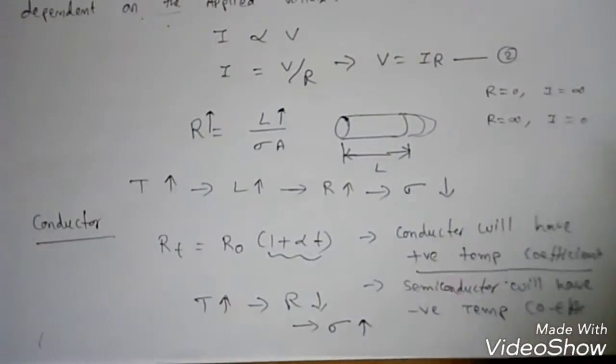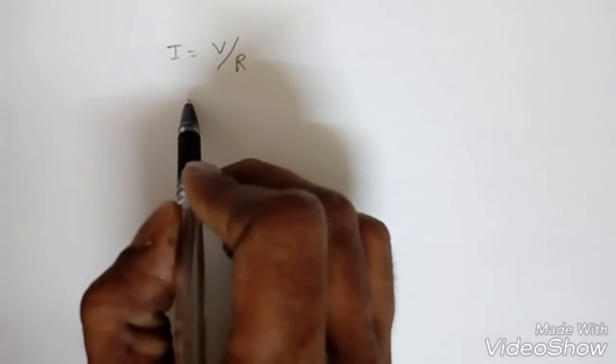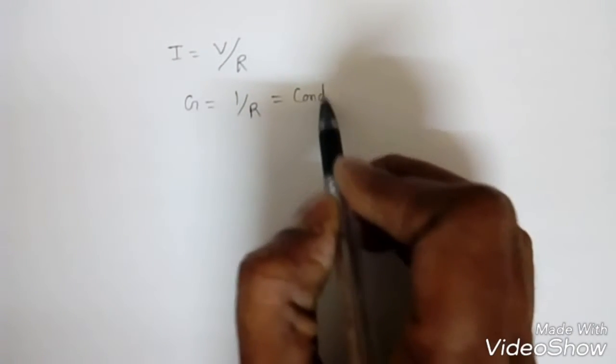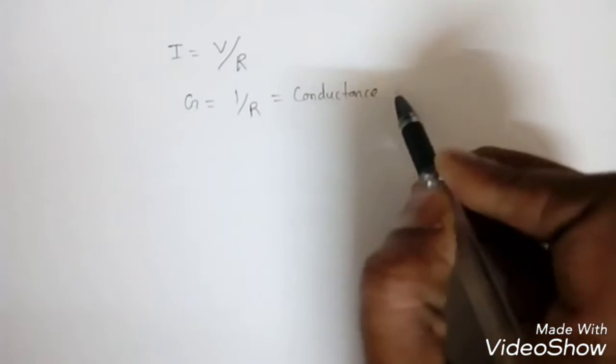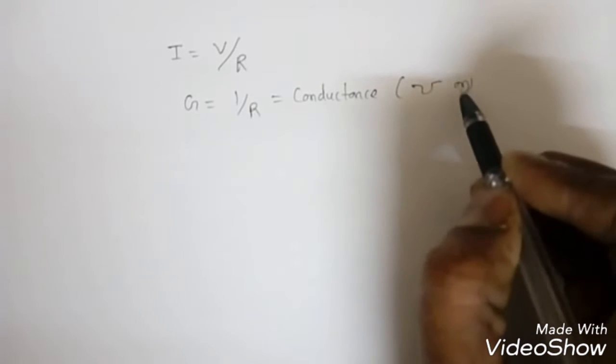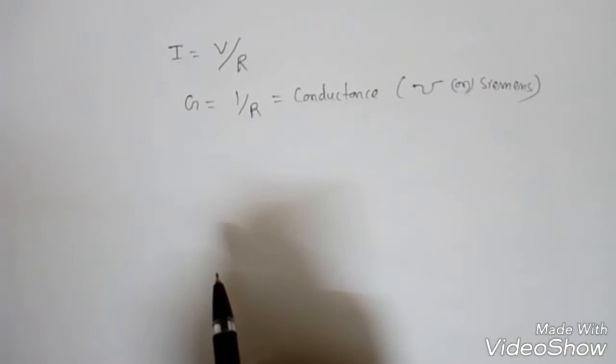Now, we will go further. See, there is another way of Ohm's law. So we found I is equal to V by R. If I replace 1 by R by another parameter which is called conductance, and the units are Mohs or Siemens, that we already discussed, Siemens, right?